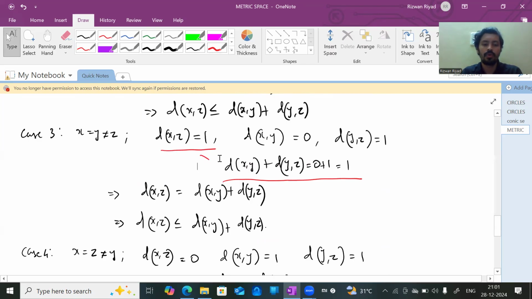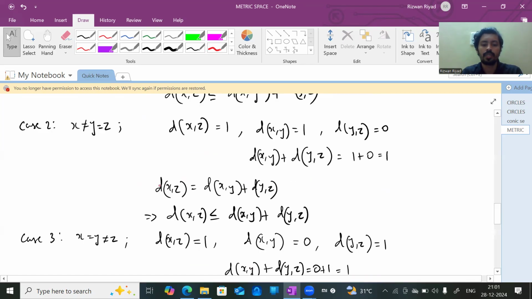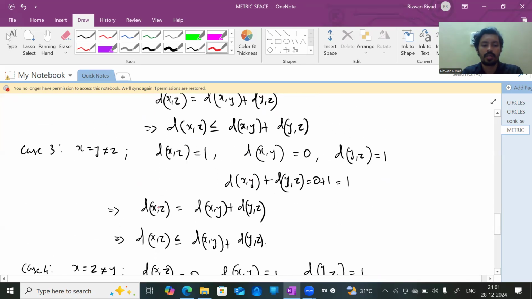Equality means it is less than or equal to also. Like the previous two cases, d of xz less than or equal to d of xy plus d of yz. That means the triangle inequality is satisfied in case 3 also.